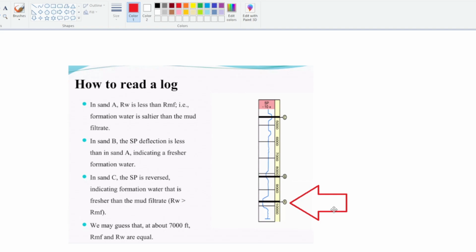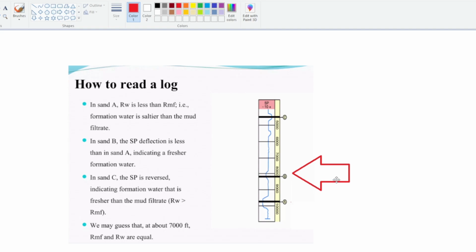Because the deflection is to the left, we know that the formation water is saltier than the mud filtrate. But if we take a look now at sandstone B, the deflection, as you can see, is less than in sandstone A. So here we are decreasing the salinity in comparison to sandstone A. So we have less salinity, fresher formation water.